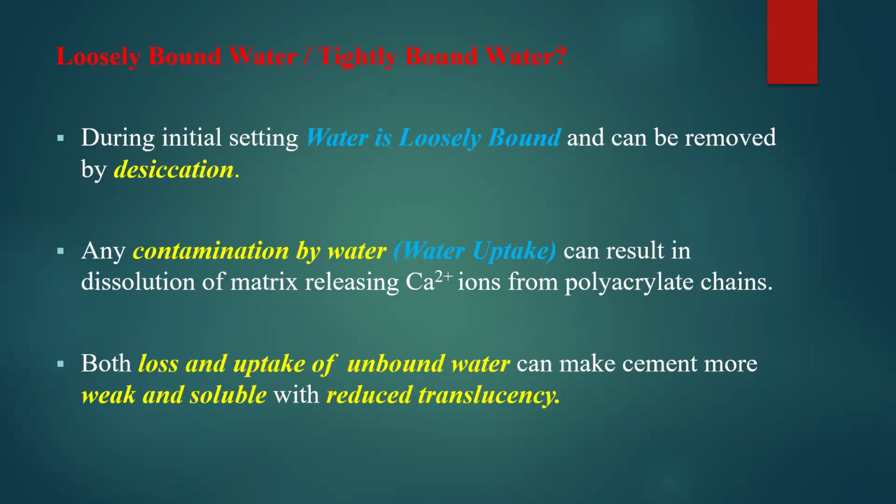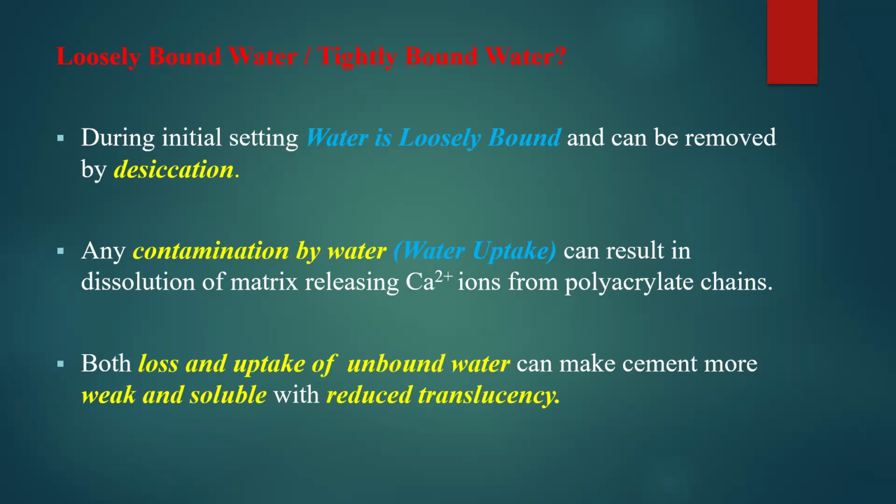Now, any contamination of water, excessive water uptake, can also result in dissolution of the matrix, releasing calcium ions from the polyacrylic chains. So excess water should not enter the cement during a setting reaction because it can cause dissolution of the matrix, releasing calcium ions from the polyacrylic chains.